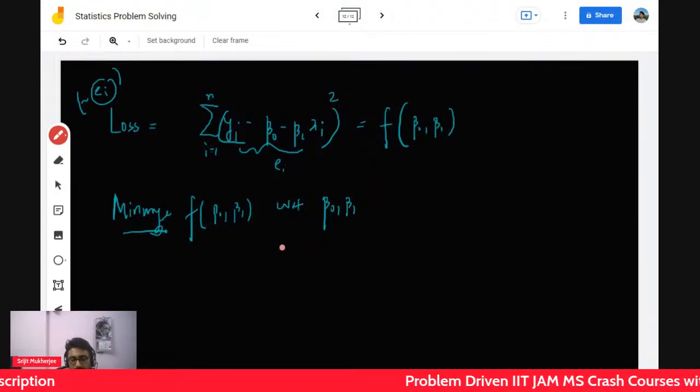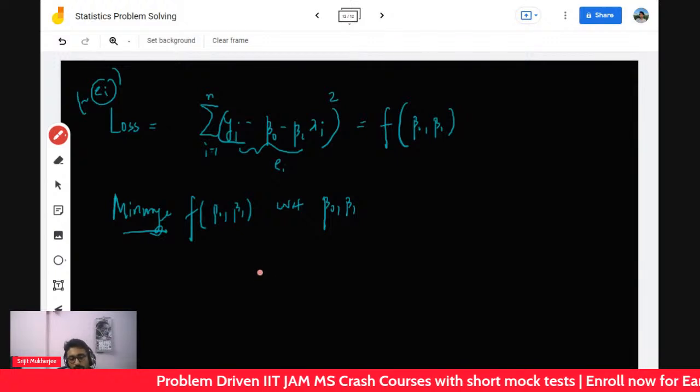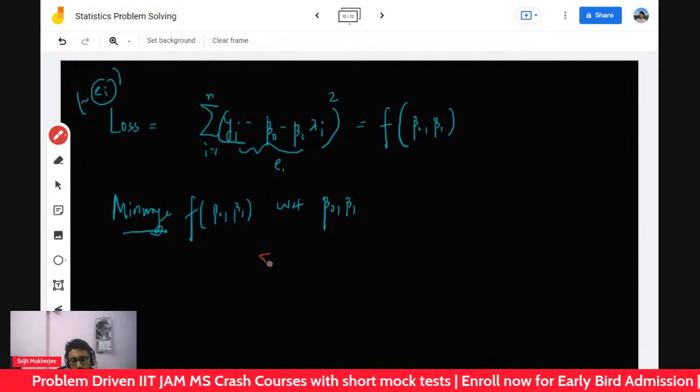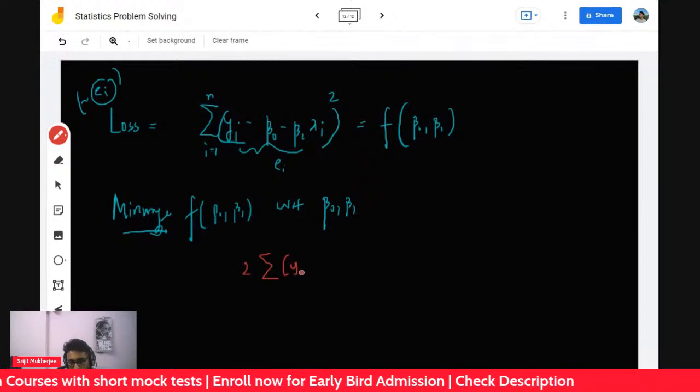So we take the partial derivative with respect to both of them, and if you observe, we will get 2 coming out common always.